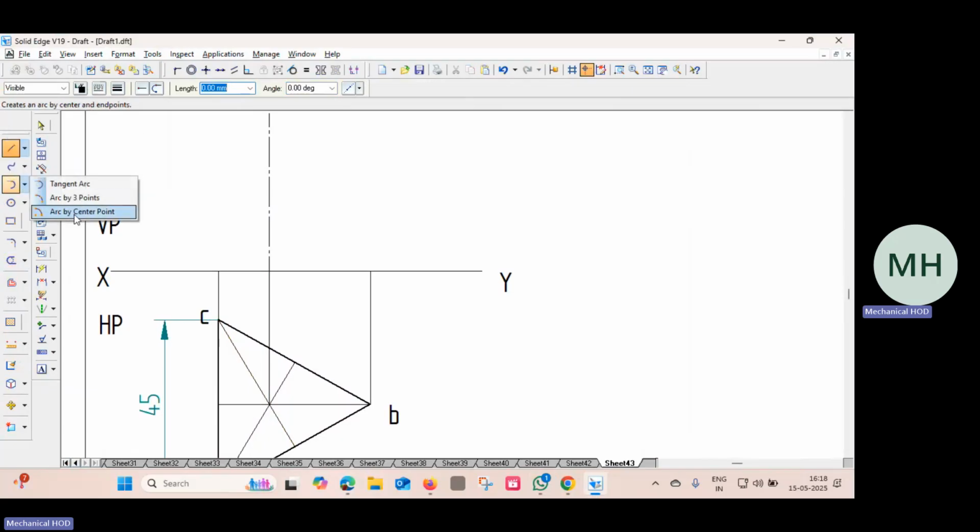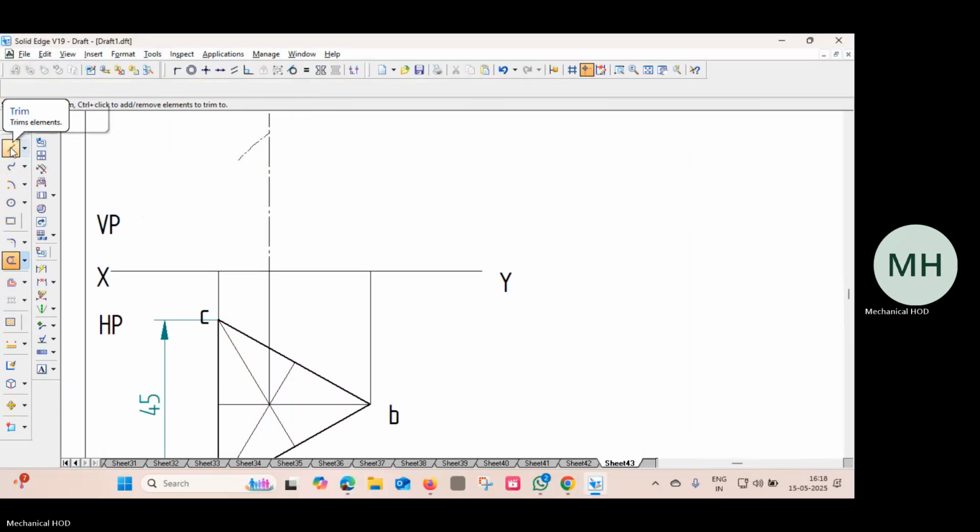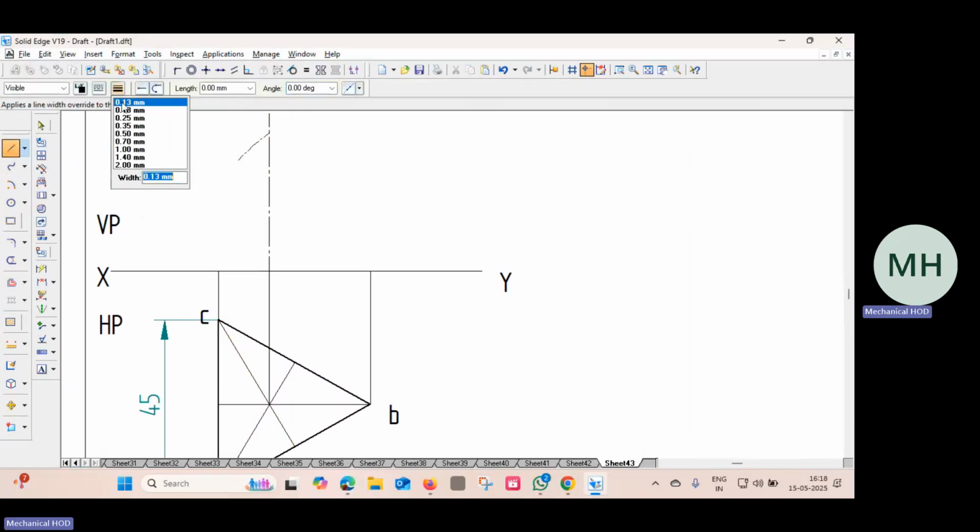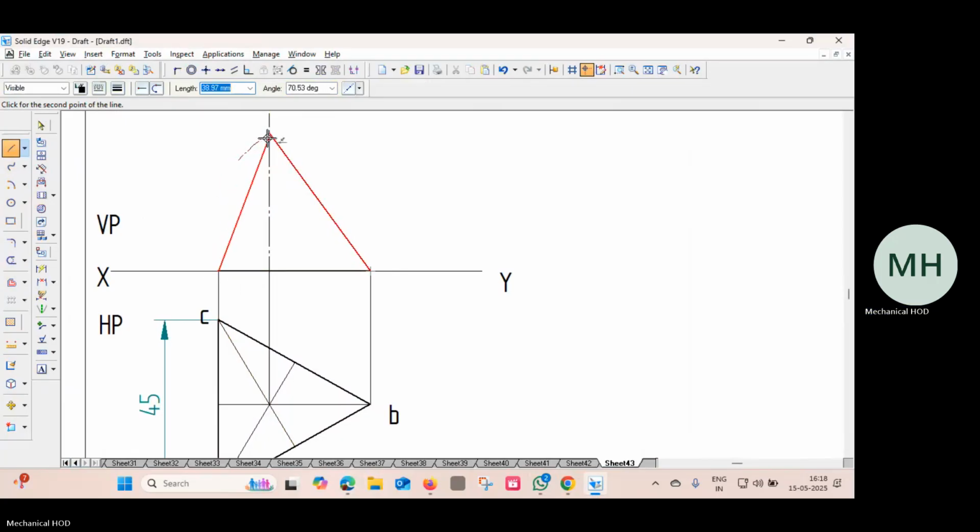Take an arc with the center point, draw 45, enter, and then trim it off. Then join them by dark line. Join the apex to the base. This is the base. Join like this.